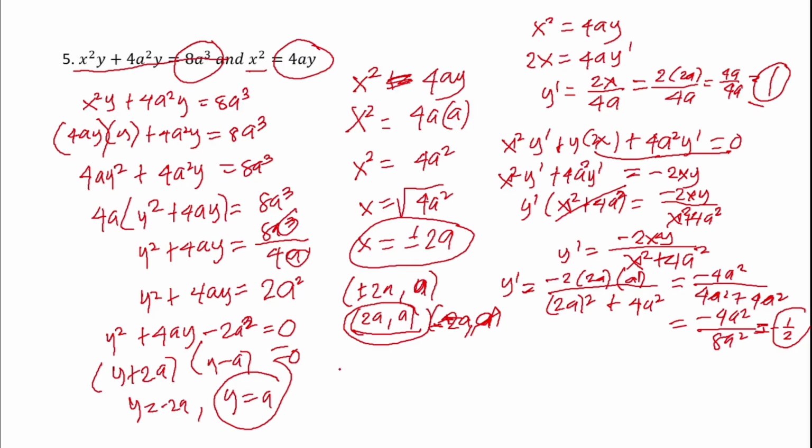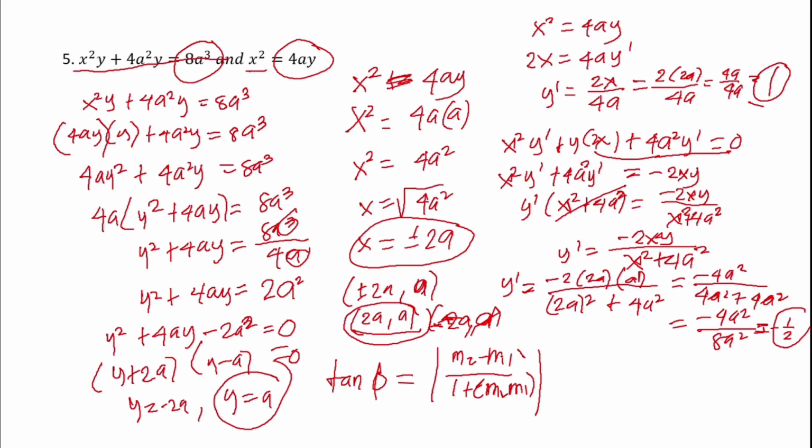So in order for us to get the angle, tangent phi is equal to the absolute value of m2 minus m1 over 1 plus m2 times m1. Take note that in order for us to get the acute angle, we have to take the absolute value.